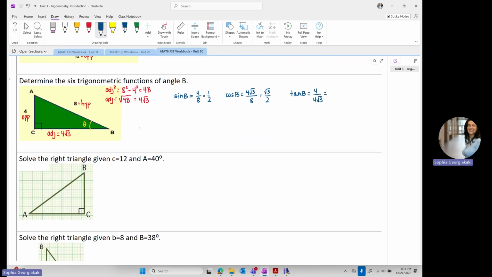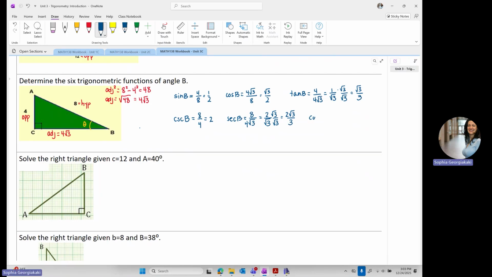I can simplify to 1 over square root of 3, and I can rationalize denominators to convert it to square root of 3 divided by 3. The cosecant of B is hypotenuse over opposite, and I can simplify to 2. The secant of B is hypotenuse over adjacent, and that is 2 over the square root of 3, which I can rationalize to 2 square root of 3 over 3.